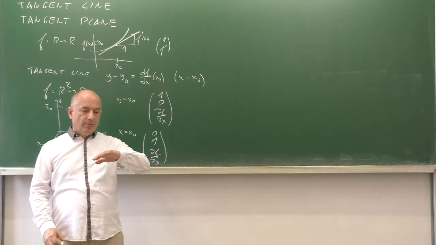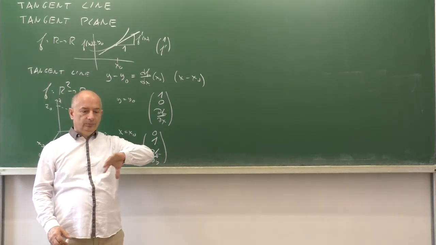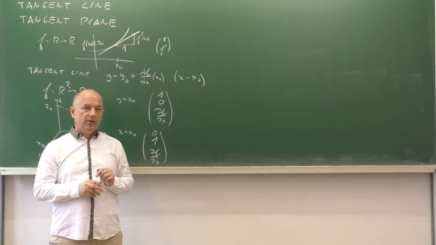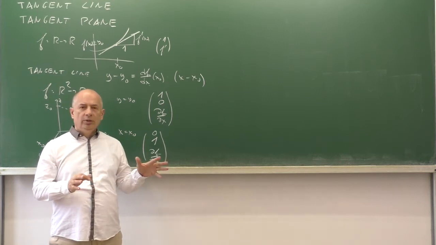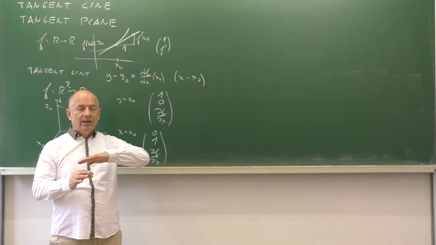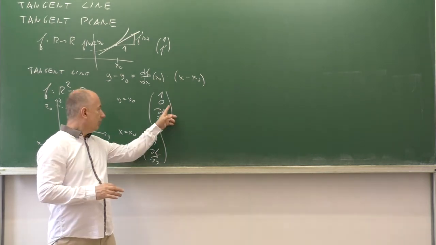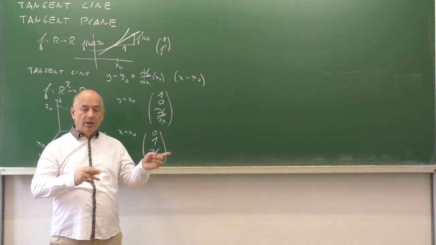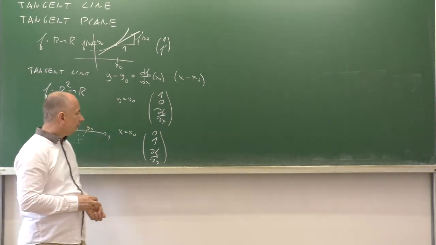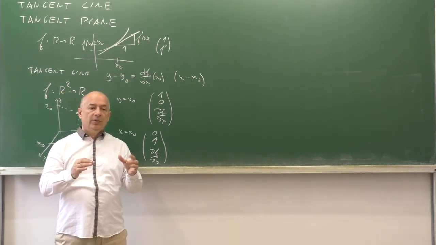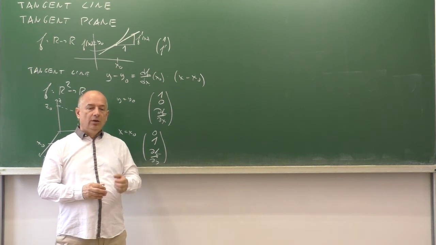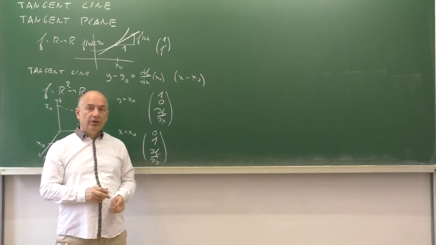So we have a surface and we have two tangent vectors. So it would be natural to consider the tangent plane generated by these two vectors, these two directional vectors of the plane. And let us describe the plane with the normal vector. Normal is perpendicular to the tangent vectors.